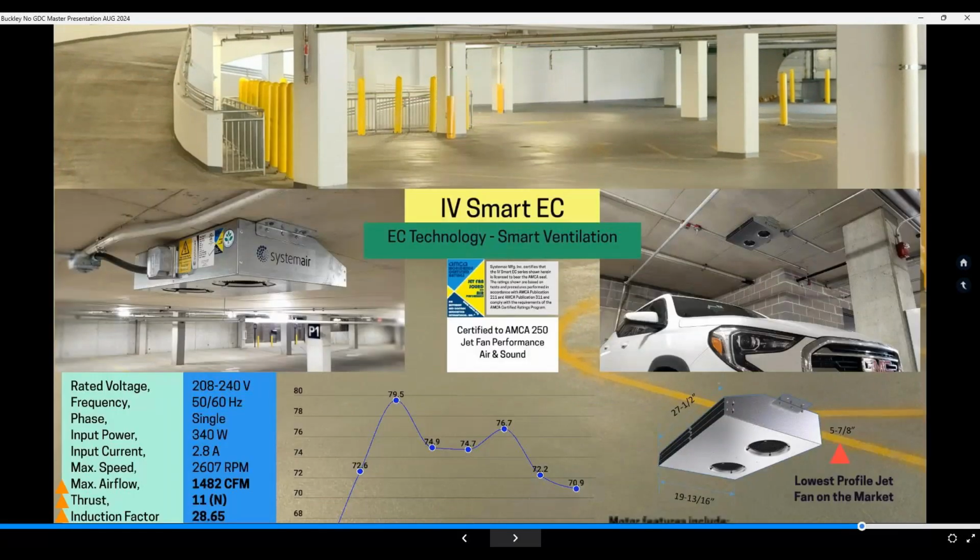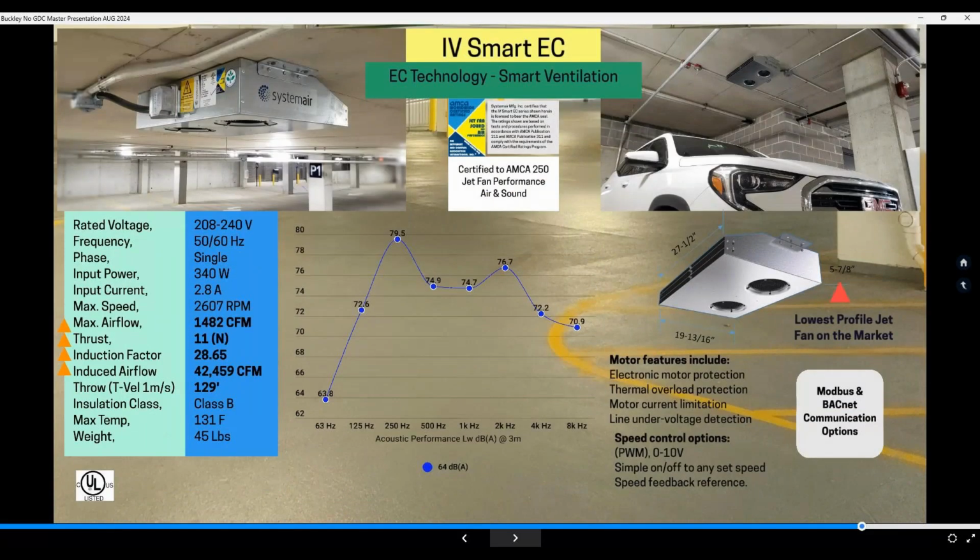And then we engineer and manufacture the IV Smart EC. This is the industry's most widely designed with and specified jet fan. It's just under 6 inches in profile. It's an EC-driven fan. It's a 1,482 CFM, 11 newtons of thrust, an induction factor of 28.6.